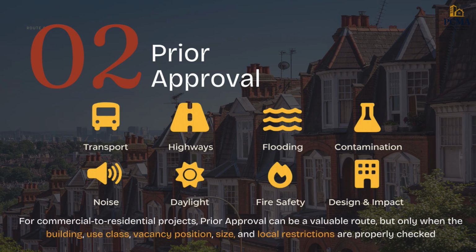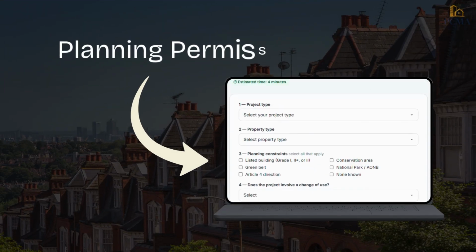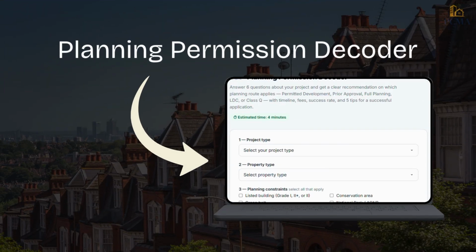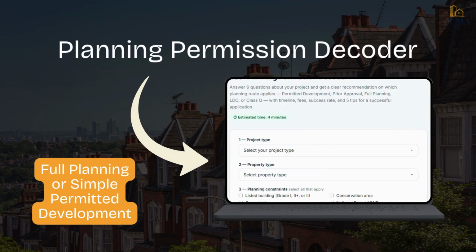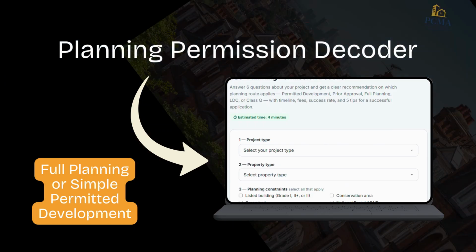For commercial to residential projects, prior approval can be a valuable route, but only when the building, use class, vacancy position, size, and local restrictions are properly checked. The Planning Permission Decoder helps identify when prior approval may be relevant, so you do not confuse it with full planning or simple permitted development.